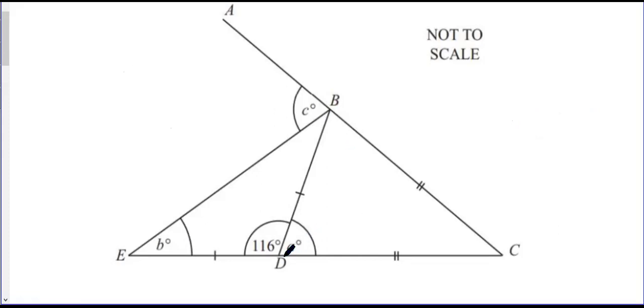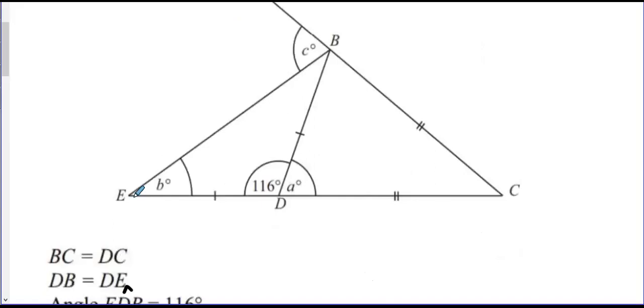Okay, now let us try to talk about this triangle here. Oh, before talking about triangles, let us see the concept of a straight line. Can you see that this is a straight line?